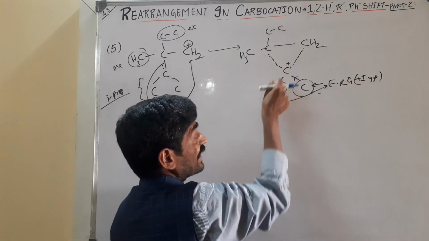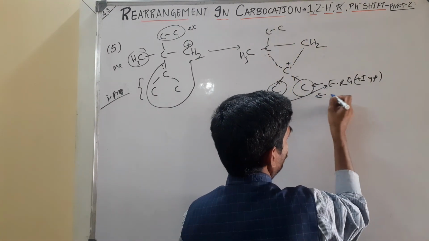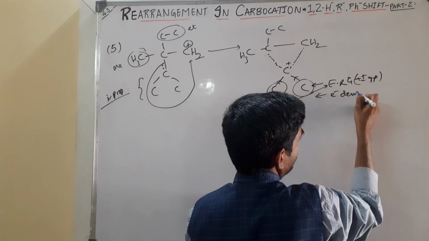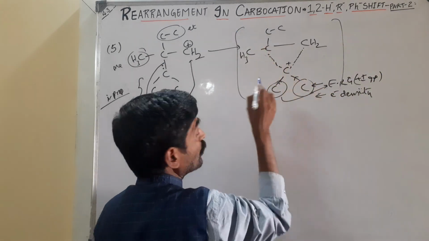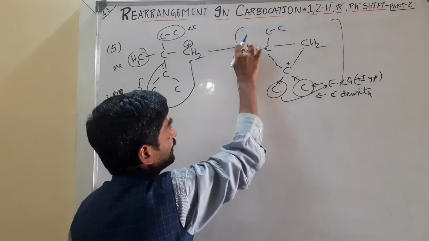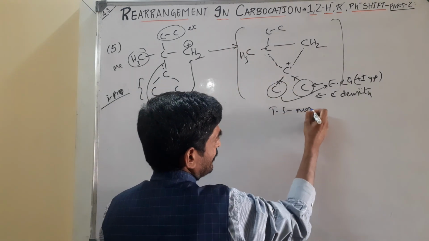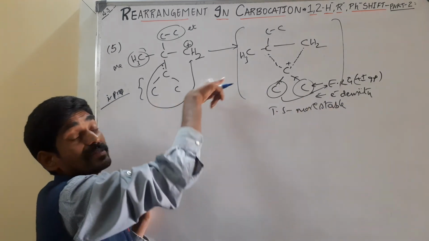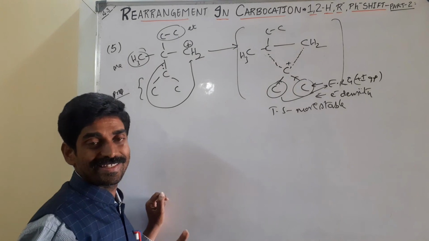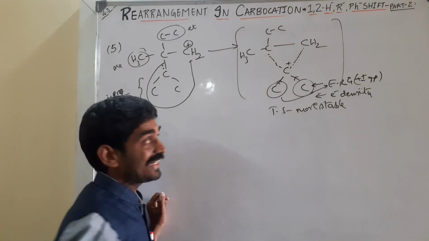That increases electron density, and then the formed transition state is more stable. That means the transition state is more stable if isopropyl group migration takes place, than with ethyl or methyl group shifting. Is it clear?